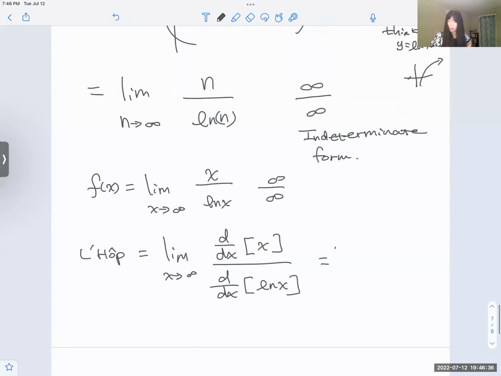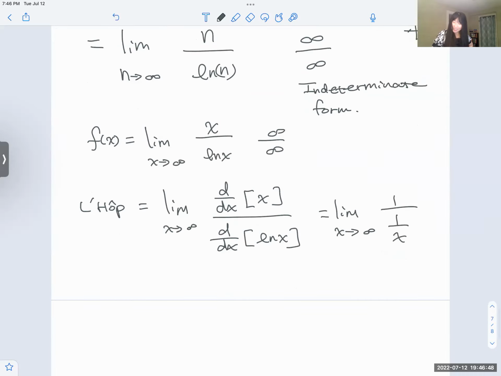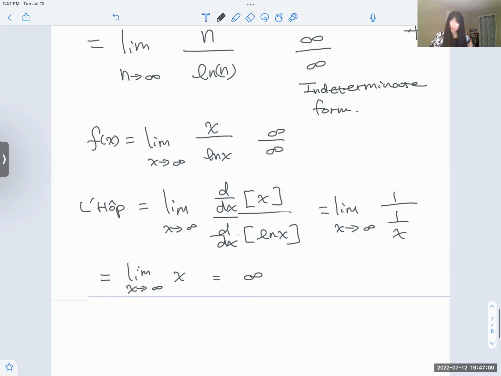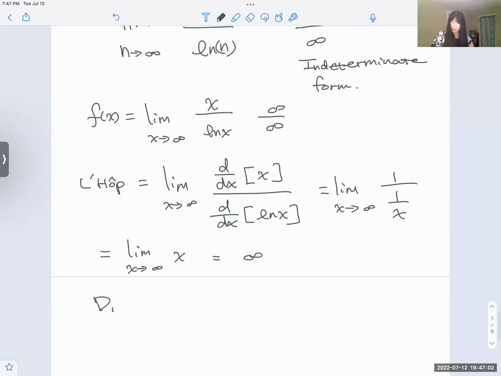What do you get? The numerator will be 1, over 1 over x. Excellent. You are the expert of ln x. So we get the limit as x approaches positive infinity of x. What do you get then? Infinity. So it diverges.